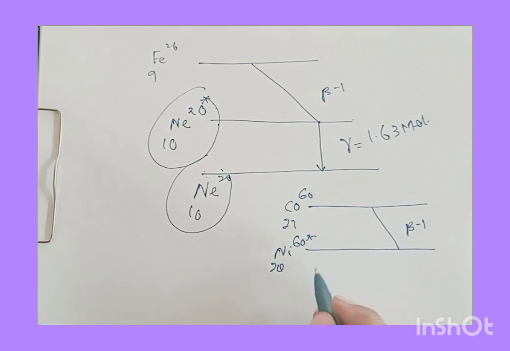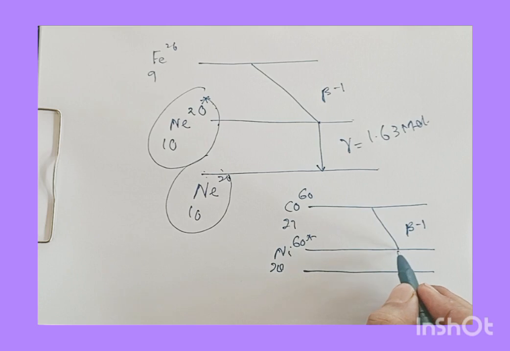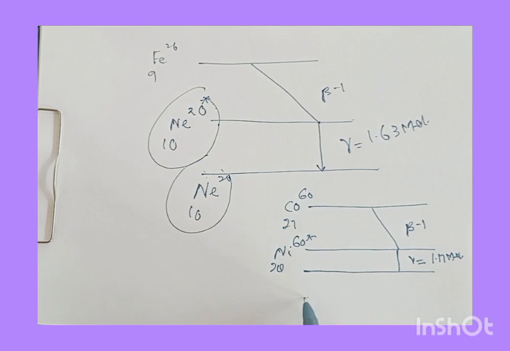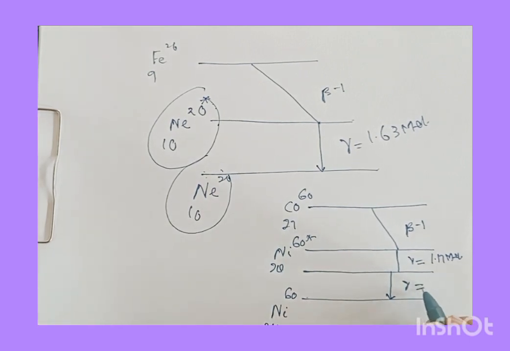Then it goes to a lower state, emitting an energy of 1.17 mega electron volts, and then goes to another transition, and finally comes to the ground state of nickel 60, 28, and here the energy emitted is 1.33 mega electron volts.